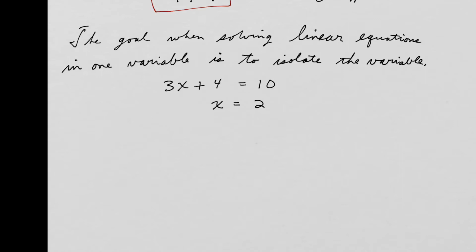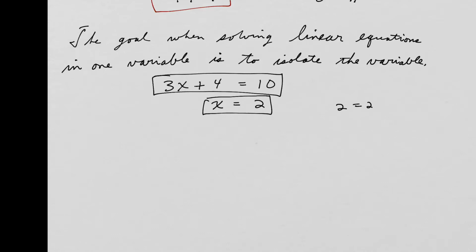This equation is equivalent to the original equation, but it's much easier to see the answer. If I plug in 2, it's going to make that equation true. So usually we just say x equals 2. Really, the way you would think about this is if I plug in a 2 for x, then I'm going to get 2 equals 2, which is true. But we usually just read it off. x equals 2 is my solution. So really the goal is to isolate that variable, so then we can easily just read off the answer.